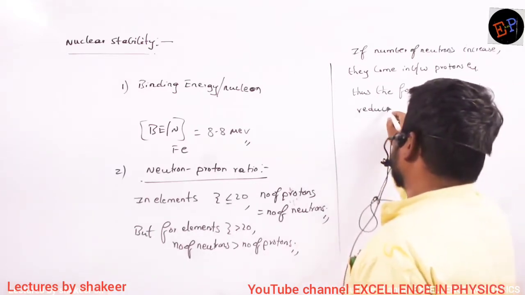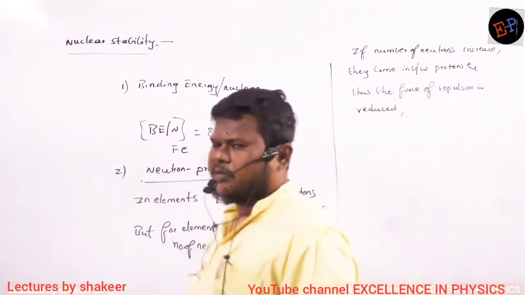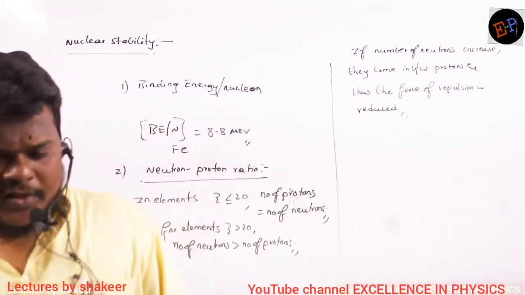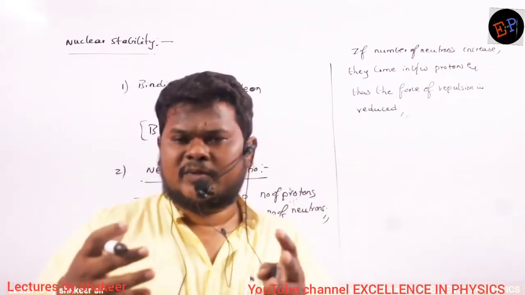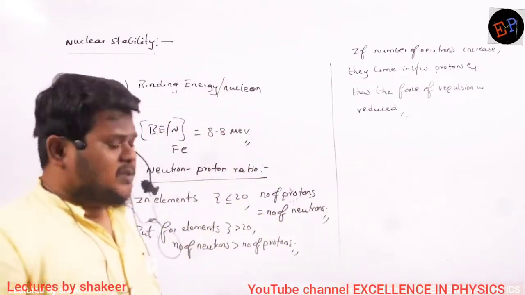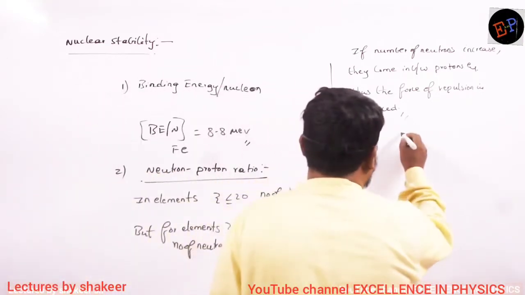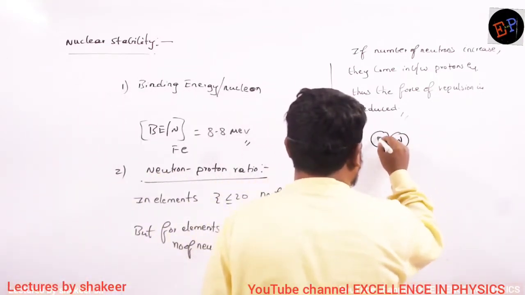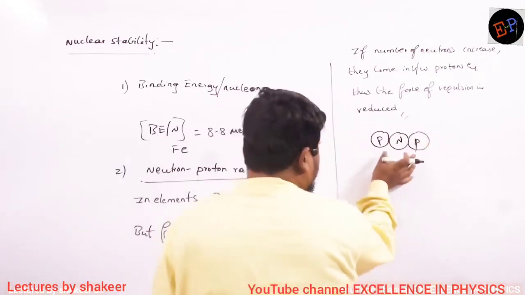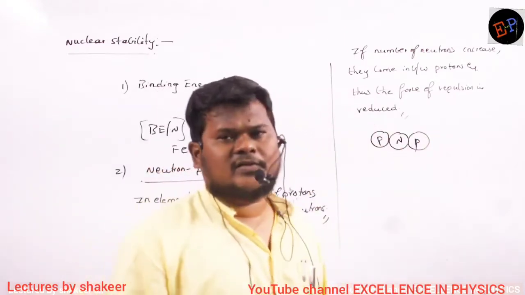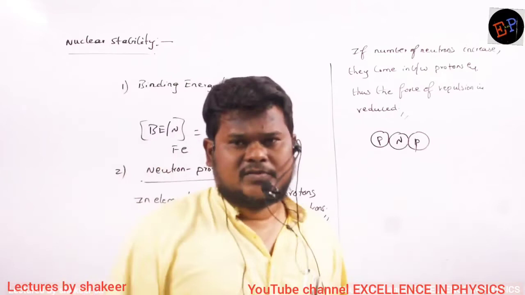If the force of repulsion reduces, automatically the nucleus will become stable. The nucleus tends to be unstable only because of repulsion between the protons, no? So these neutrons will come in between the protons. This is a neutron, this is a proton, and this is another proton. As the distance between the protons increases, automatically the force of repulsion between them also reduces. So this is one factor.